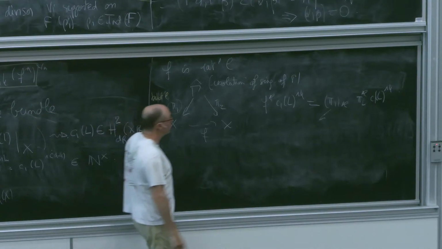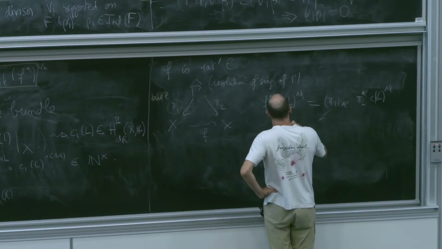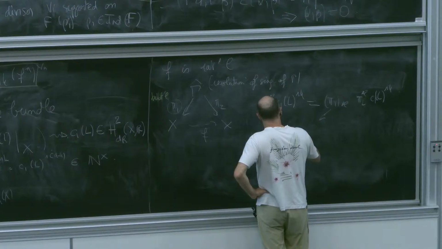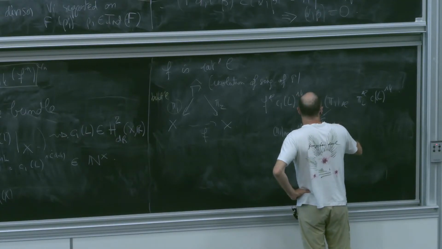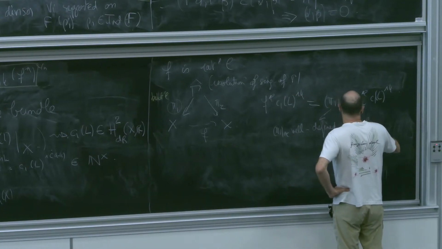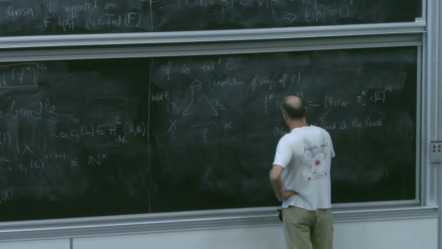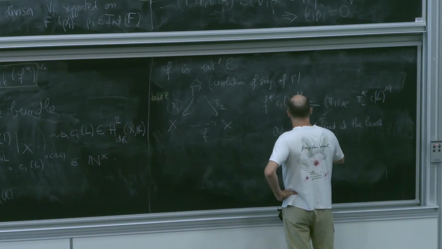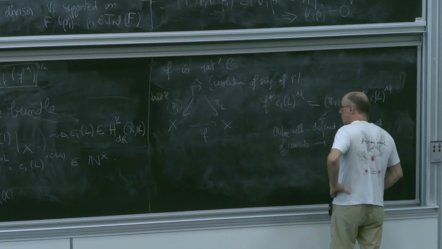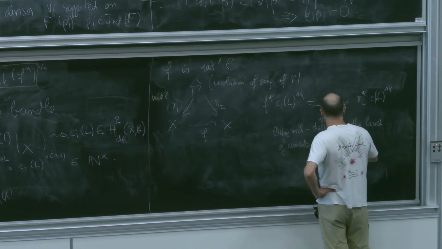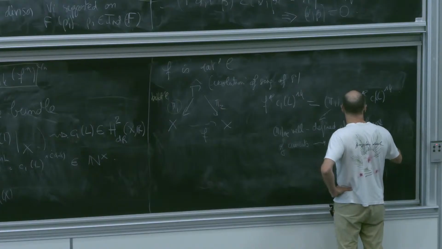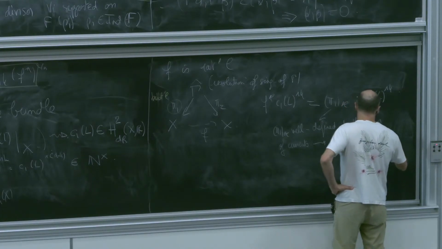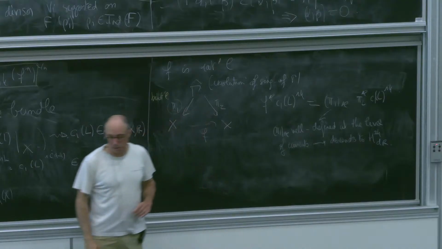So pi1 star is well defined at the level of currents and commutes with the differential, and so descends to the de Rham cohomology. So here I'm looking at degree 2K.